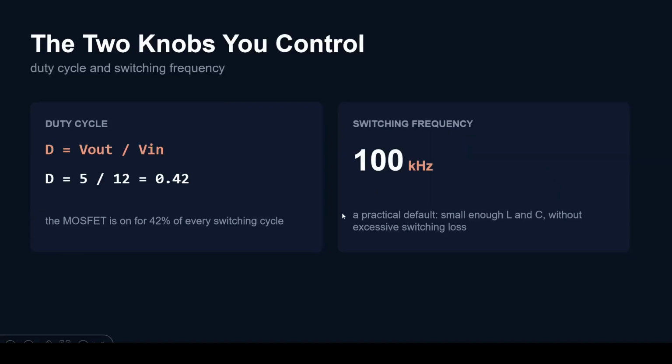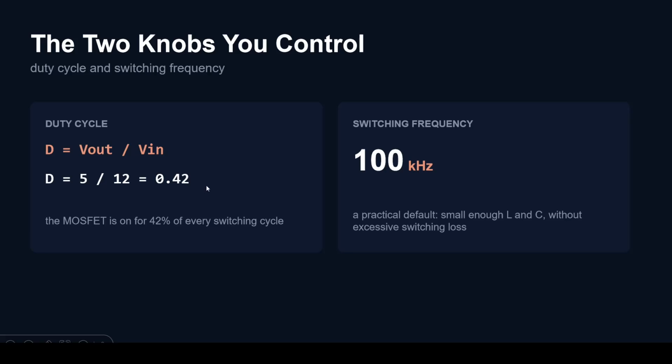The two parameters that we actually can control are the switching frequency, which in this case we are choosing to be 100 kHz, which is a practical default, for it gives small enough inductance and capacitance without excessive switching loss for a buck converter that has only one switch, and then the duty cycle, which is fixed by the transfer ratio V out over V in, which in this case is 0.42.